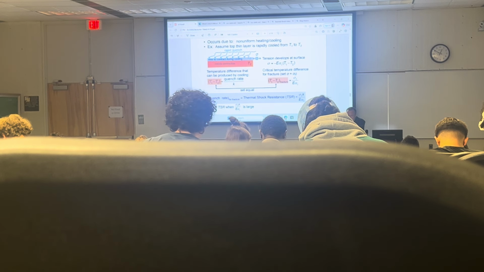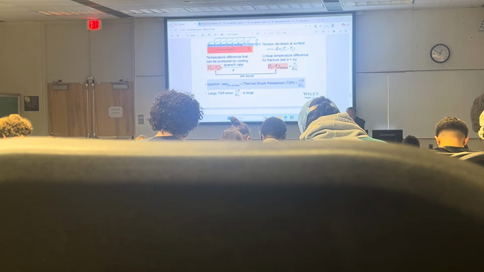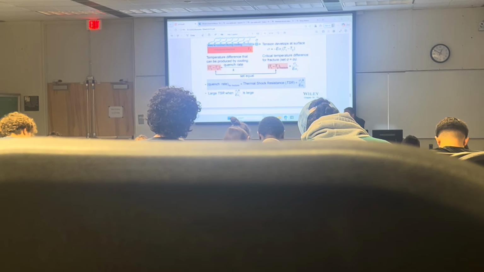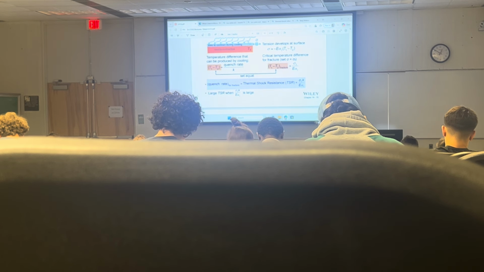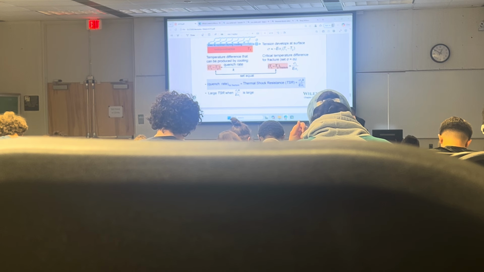So quench rate versus sigma F over E and alpha. So alpha is the thermal expansion coefficient. So we're going to set this quench rate when fracture happens being equal to the thermal shock resistance, TSR. And you can see from this equation that it is proportional to the fracture stress of the material times K over E over the thermal expansion coefficient.